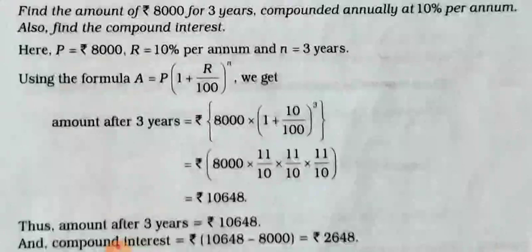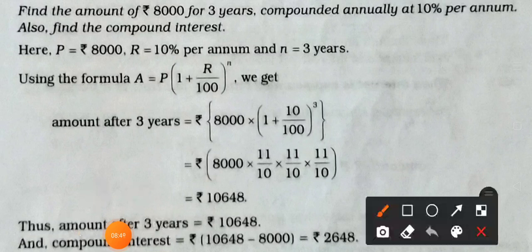So the formula is A is equal to P into 1 plus R by 100 whole power n. So I will apply the formula, and after calculating it, I got the amount 10,648.